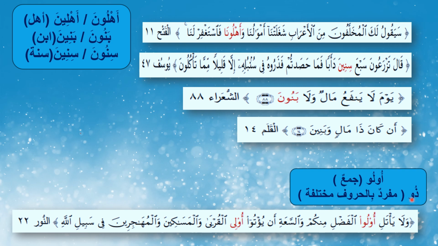So it has the plural of ulu. So you should remember, you can memorize this, that dhu is singular and ulu is Jama, and they have different letters in them. So the way the Arabic words come, we cannot ask questions the way the Arabs have put. We have to take it as it is. So let's check the example.